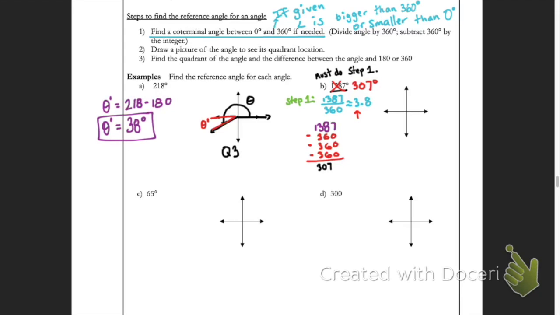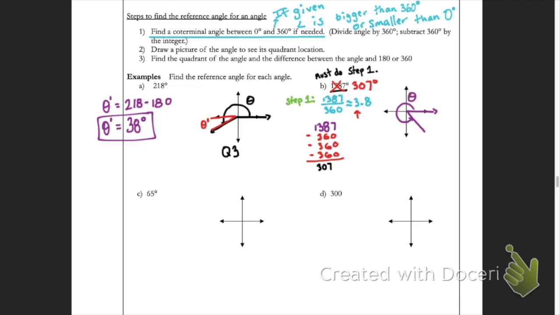I kind of did a bad job of writing out my steps here. So step 2, I'm going to actually draw a picture of the angle to see its quadrant location. Again, 307, that should be all the way in quadrant 4. Remember, counterclockwise. So drawing in my theta prime, or my reference angle, I know it should be acute, touch the terminal side, and the x-axis.